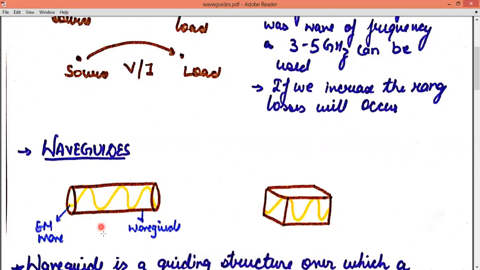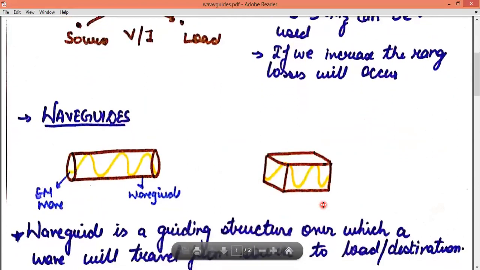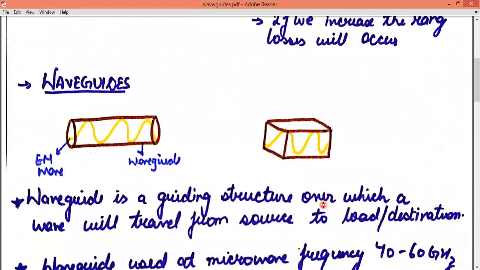One may ask why we need a waveguide. As I told you, in the transmission line there is a fixed frequency range. We cannot use it beyond that, otherwise losses will occur. As we go higher in frequency, the loss or attenuation will increase. Attenuation obviously means losses. This is not good for any circuit.